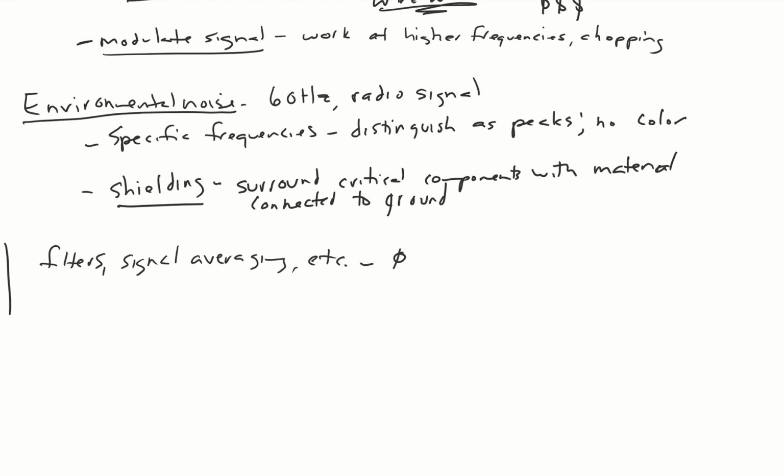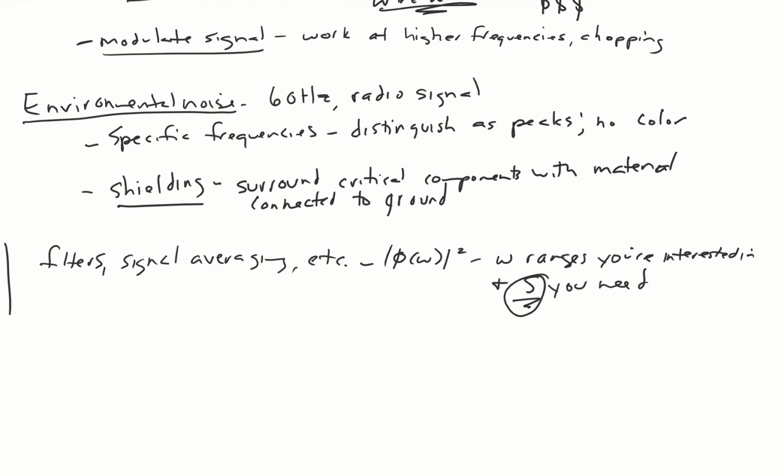So thinking about that power dependence, which frequency ranges you're interested in, and the desired signal you need. Because we've talked about, sure, it'd be great if you could just put a bandpass filter into your circuit every time, but you can sacrifice your signal there.